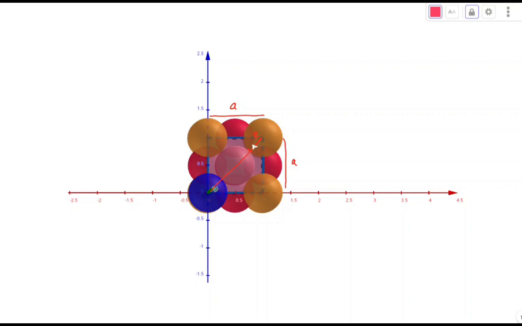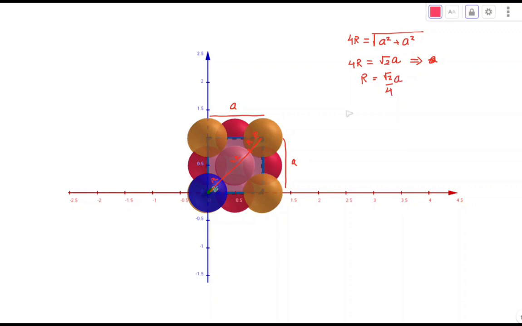So R is from this one here, 2R from this one here, and 1R from this one here is the diagonal here. So 4R equals the diagonal. Now this is a right angle triangle with length equal to A and height equal to A. In this case, it's A square plus A square, so 4R equals square root of 2 A, in such a way that R equals square root of 2 over 4 A.